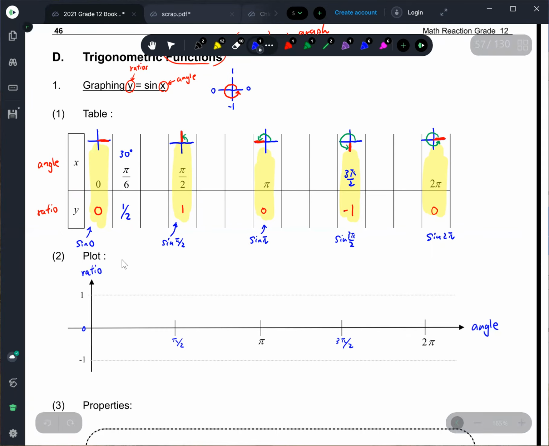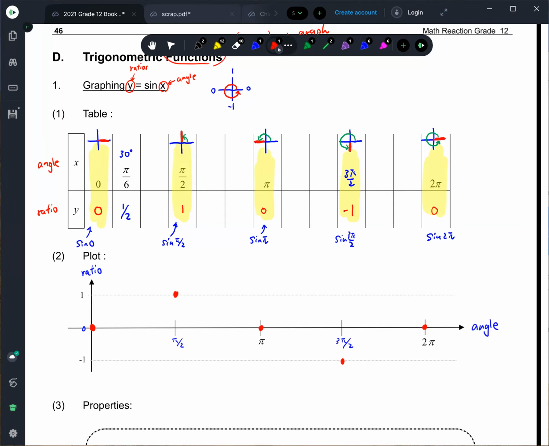Those are the important points. So if we plot, the first one is 0, 0, the red dot. Next one is pi over 2, 1. Next one, pi, 0. Next one, 3 pi over 2, -1. And then the last one will be 2 pi, which is at 0.